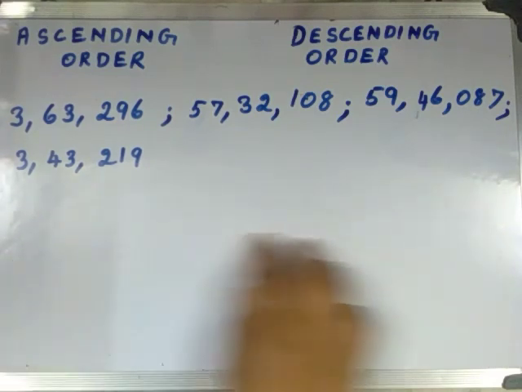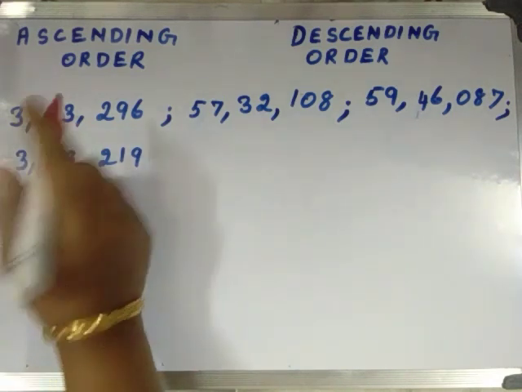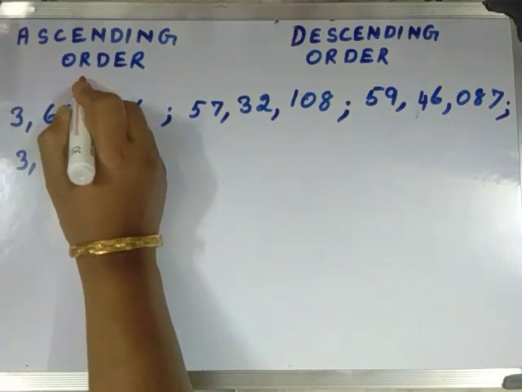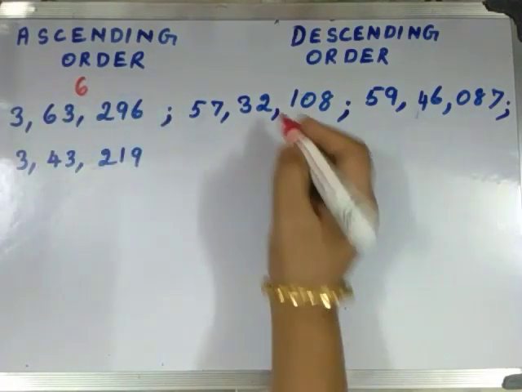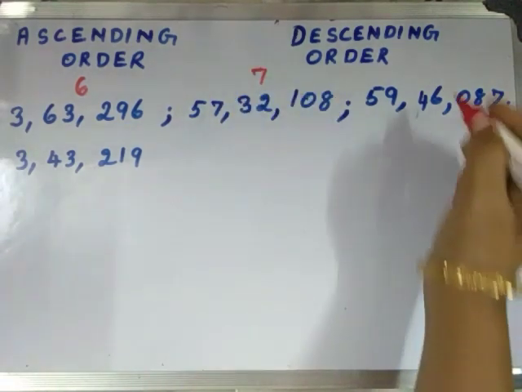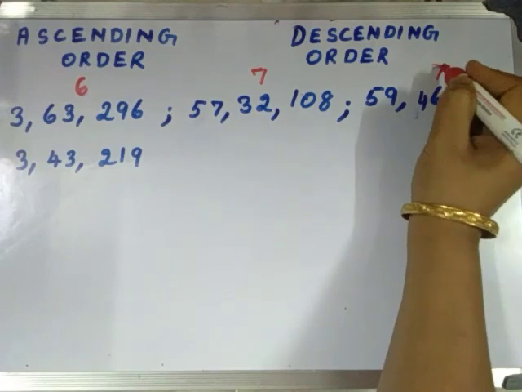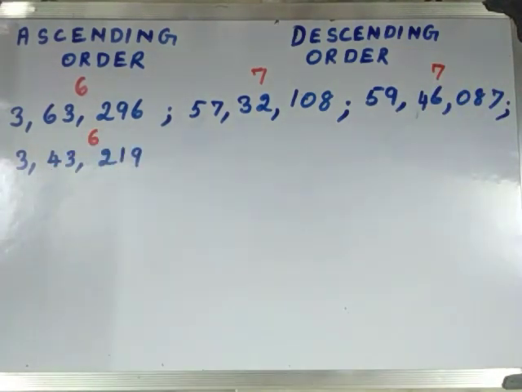So these are the numbers given to us, and now we are going to arrange them in descending order. First we have to find out how many digits each number has. This number has 6 digits. This number has 7. This number has 7. And this number has 6.